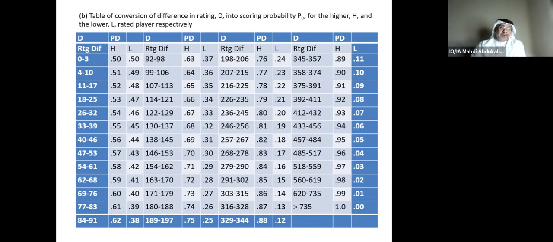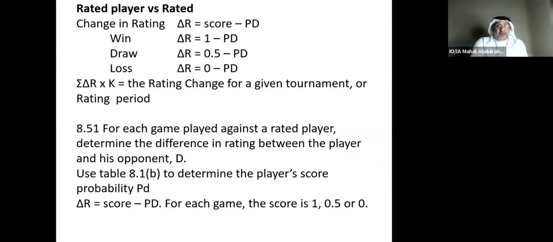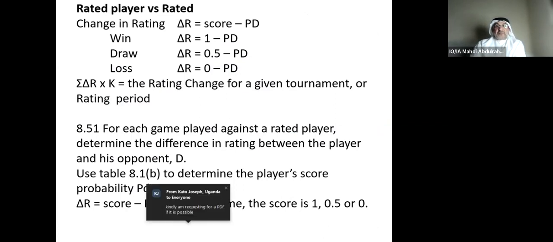Then the number that comes out, or the result, we multiply by the K factor, 20, 40, or 10, depending on the K factor of each player. So I'll give you the example. Again, if a win, it is 1 minus PD. If a draw, it is half minus PD.